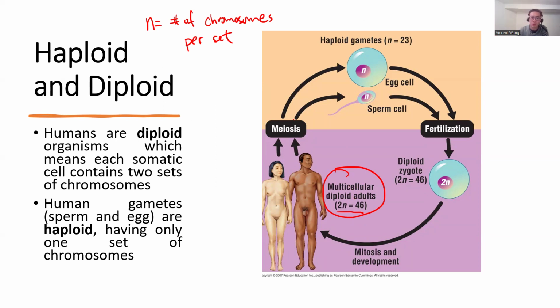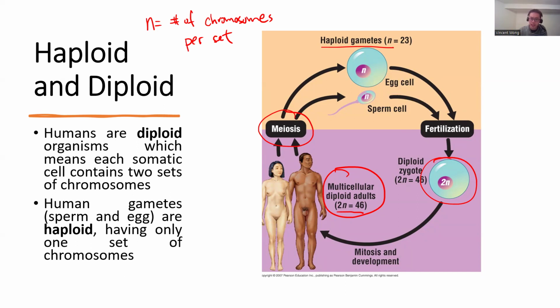And when we undergo meiosis in the ovaries and in the testicles, that creates the haploid gametes, right? Only one set. And when fertilization occurs, when the two come back together, we recreate the diploid cells. Okay, so haploid and diploid: all the cells in the body are diploid, except for the sperm and egg.